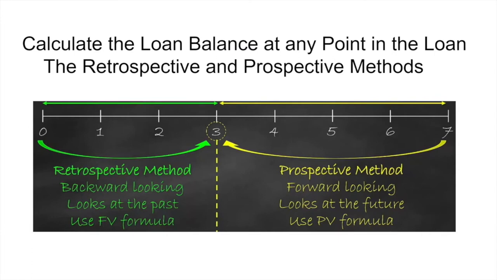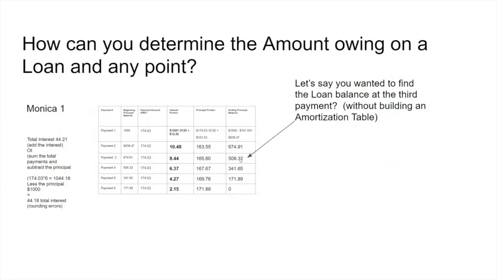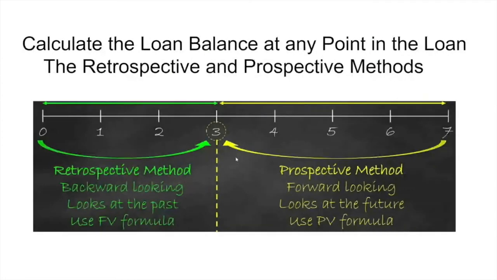It sounds more complicated than it actually is. But here is an illustration of the method. Look at the timeline. Here's the timeline along here, and let's assume that you want to know the balance at point number 3, which is exactly what we want to do here. We want to find out what is the balance at point number 3. So how do we do that?